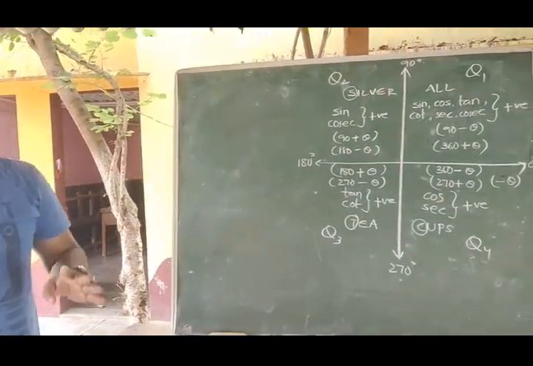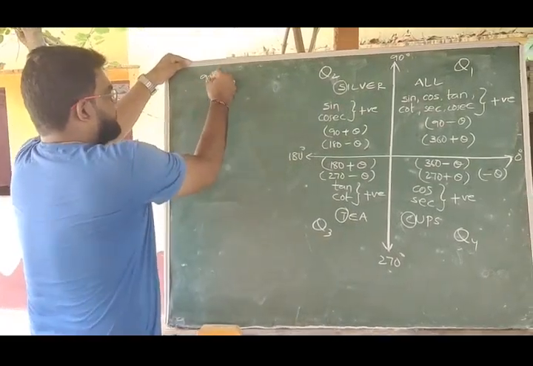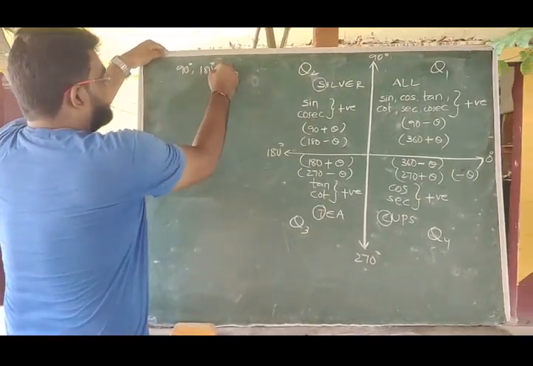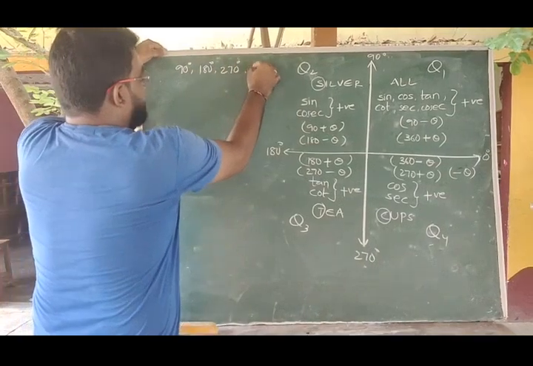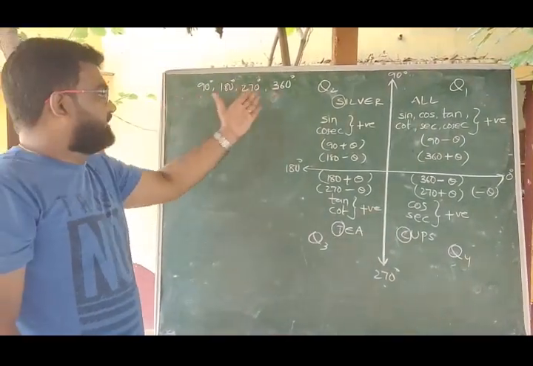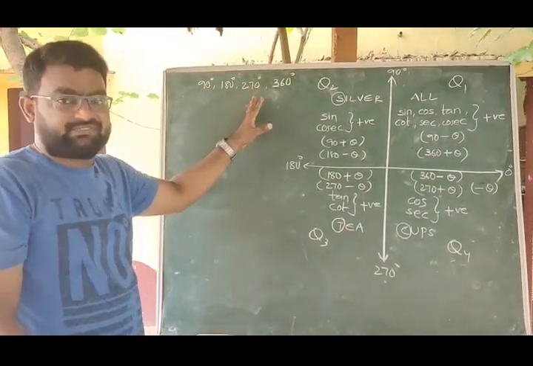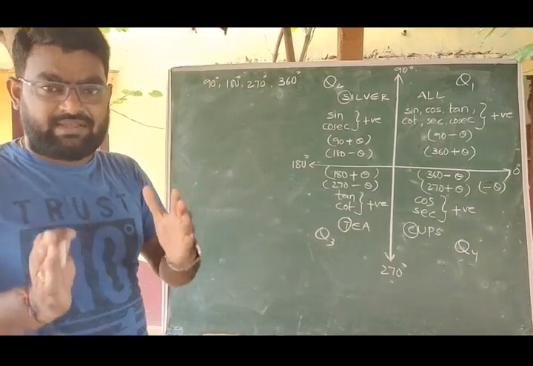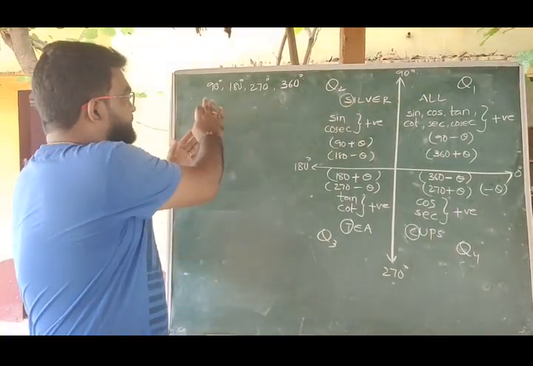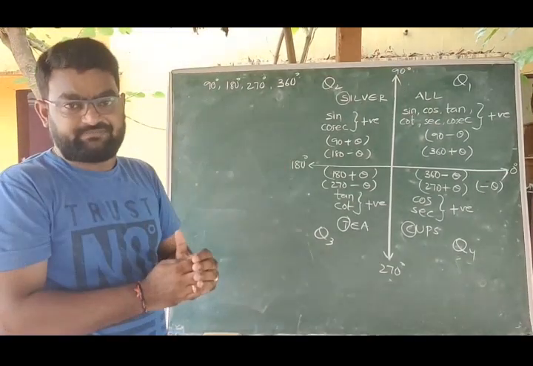So, namely we have 4 angles: 90, 180, 270, 360. Obviously all these angles end with the digit 0, so obviously they are even numbers. But just for our convenience, basing on the numbers, we divide the 4 angles into 2 parts.